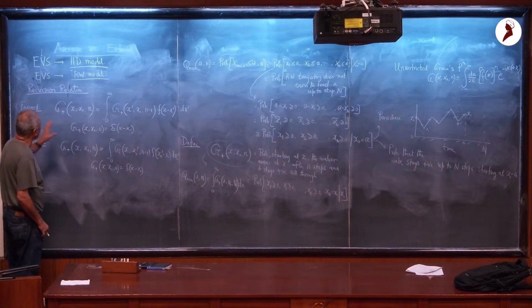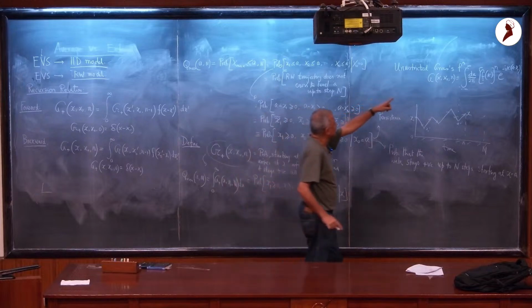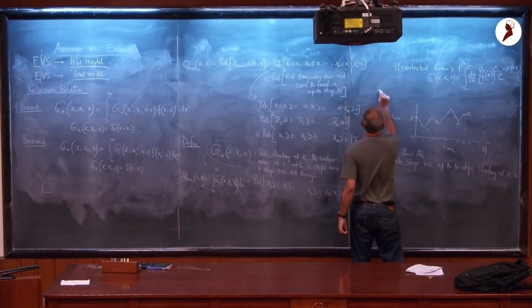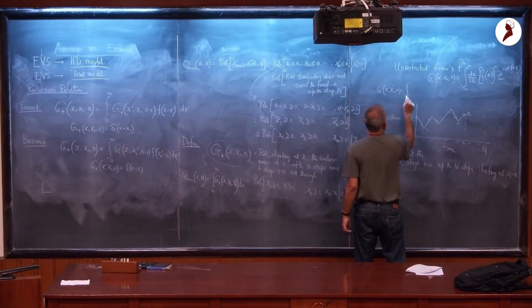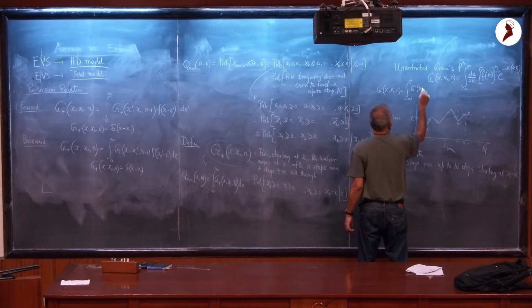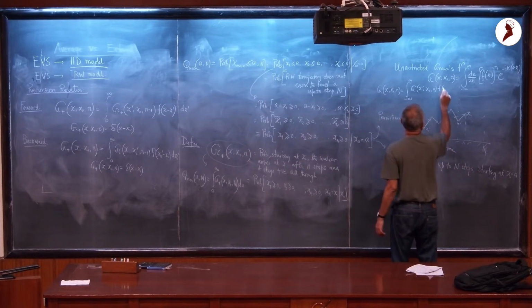But what is the problem? They have exactly the same recursion relation, except that for the free case, for example, the forward equation was the integral from minus infinity to plus infinity of g of x prime, x0, n, and f of x minus x prime, dx prime.